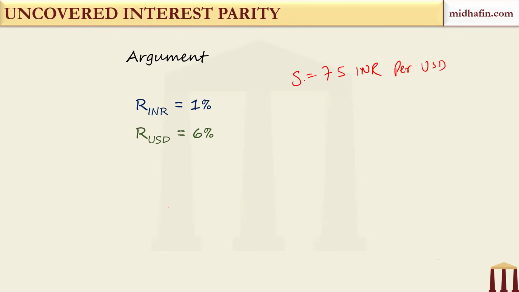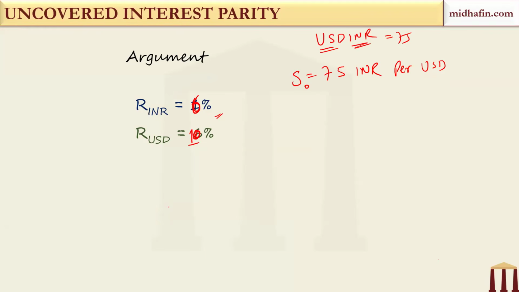You can also write it as USD/INR, just like this. This will be the quote currency, this is the base currency. So this is 75 currently. We are also assuming that the interest rate in the US is 1%, and the interest rate in India, sorry, this is the opposite. This should be 6 and this should be 1. Let's say this is 6 and this is 1.